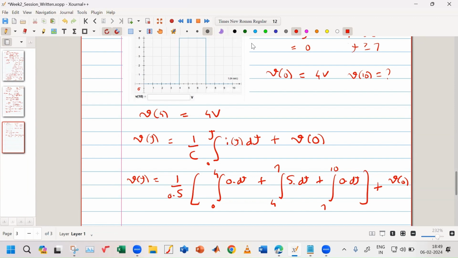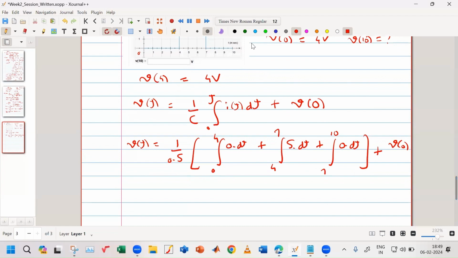The 0 terms vanish, so I ignore them. And what is 1 upon 0.5? It is 2. So 2 times the bracket, integration of 4 to 7 of 5 into dt, plus V of 0, which is 4.